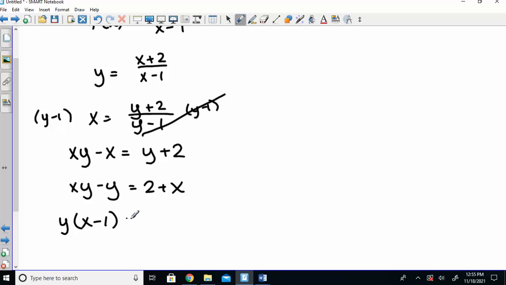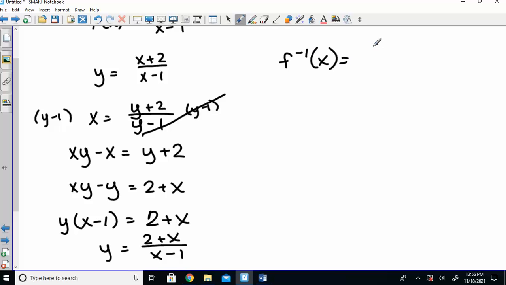What can you do here then? You could take out a y and divide. So the inverse is 2 plus x, or you just write that as x plus 2 over x minus 1.